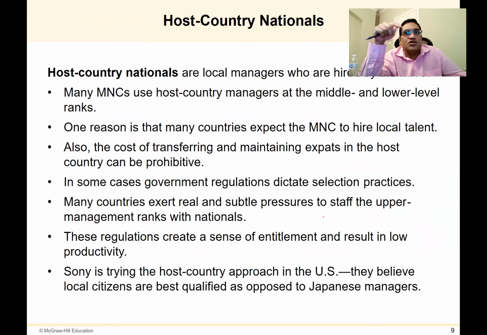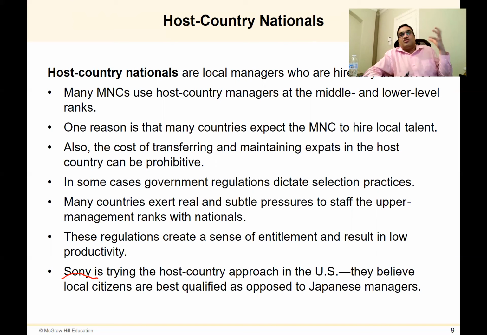Then the host country national. The host country is, by the way, where you are going, which in the example I gave you would be China, US and China. Some countries, like Sony, which is a Japanese company, are trying the host country approach in the US.